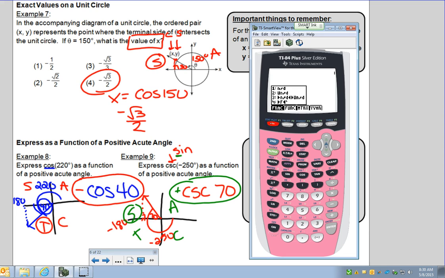On the 84, you would do 1 over sine of 70. And then you would do, oh, I should have done the other one first. Never mind. I'm going to do the cosecant of negative 250 the same way, which is 1 over sine of negative 250. And you can see that they're both the same.